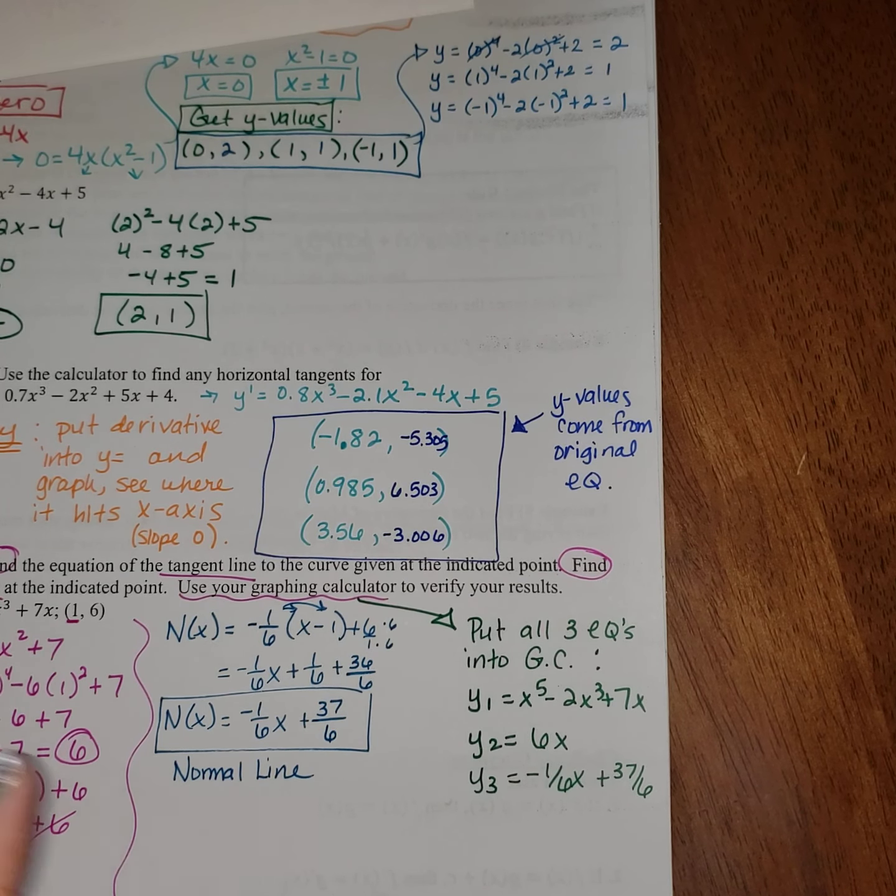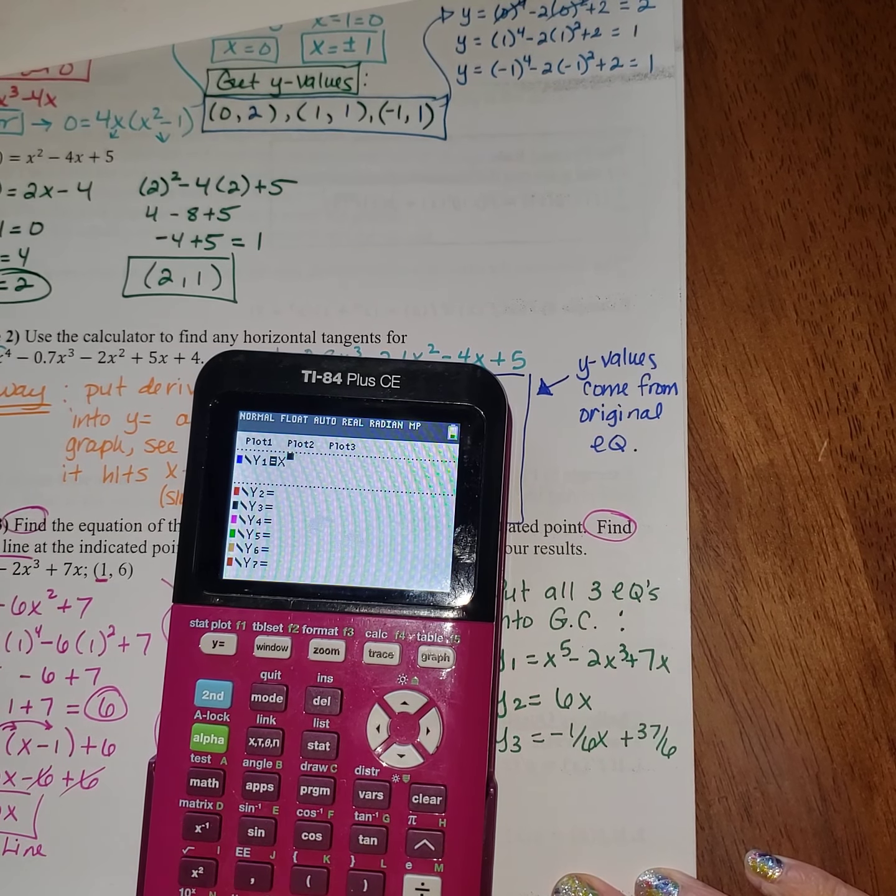Okay, so where's my graphing calculator? Let me clear what I had in there already. So I'm going to have, make sure you guys can see, x to the 5th minus 2x to the 3rd plus 7x, and that's the first one. 6x is the second one.